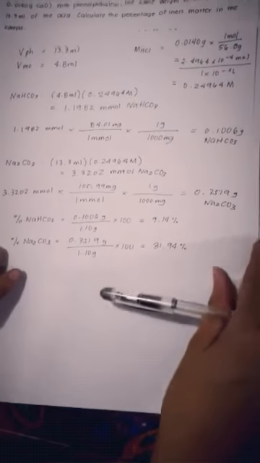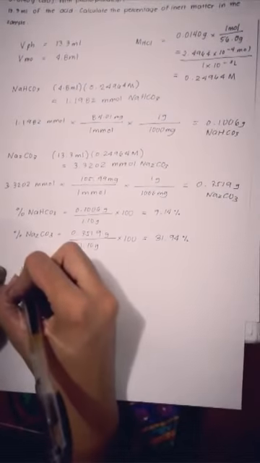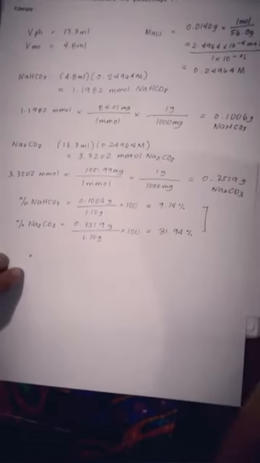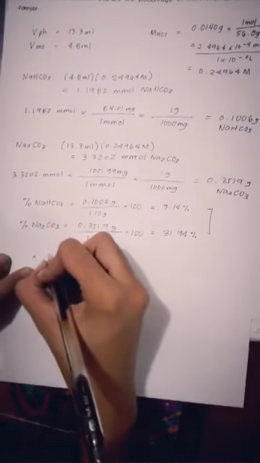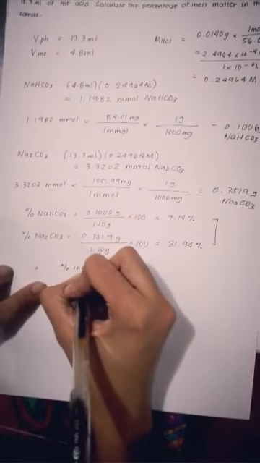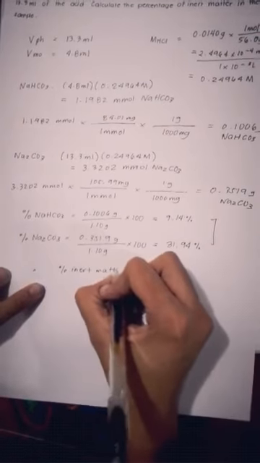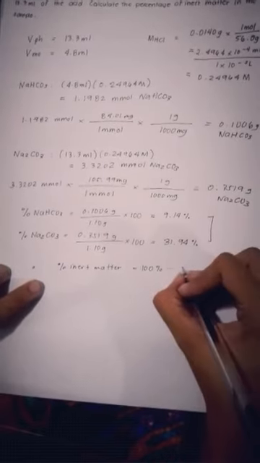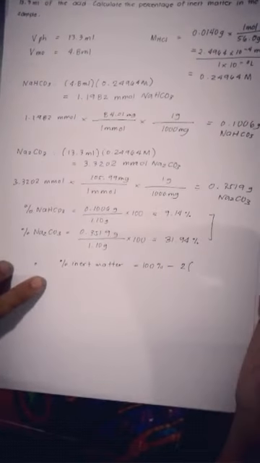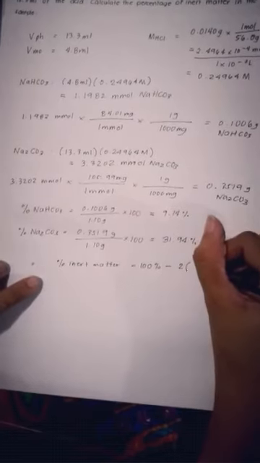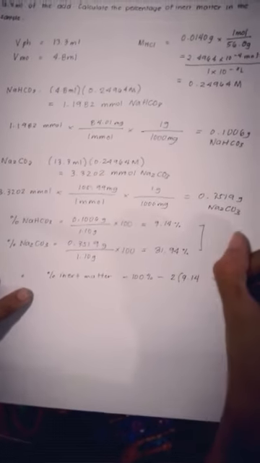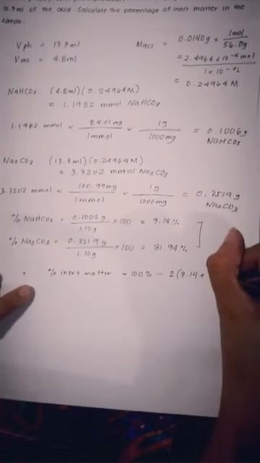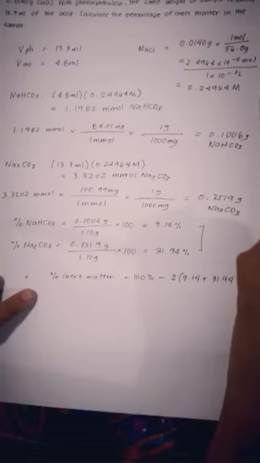Now, to compute for the percent inert matter, we simply have to add these two, then multiply it to 2. So, percent inert matter is equal to 100% as a whole minus 2, the factor needed in order to solve for the problem, then the percentages of sodium carbonate and sodium bicarbonate, which are 9.14 and 31.94%.